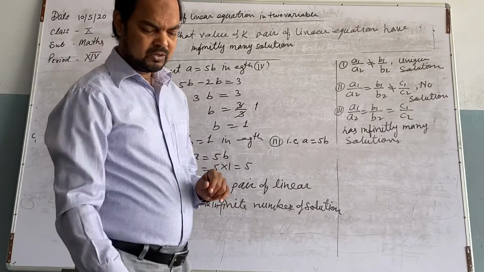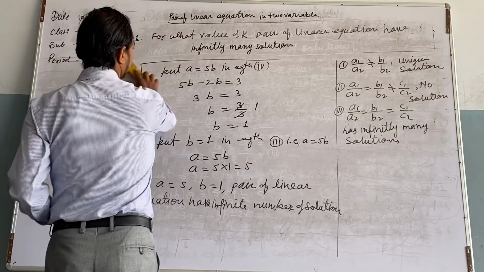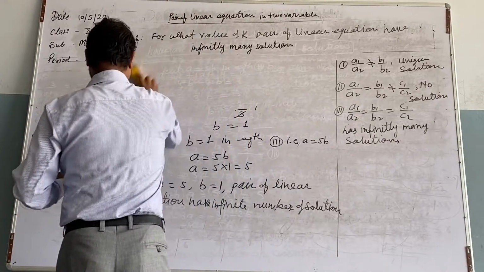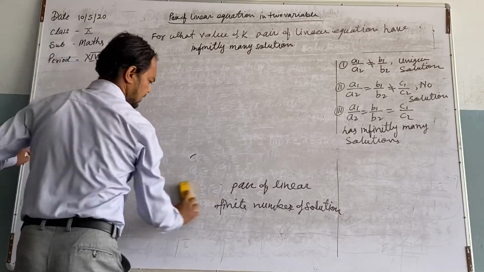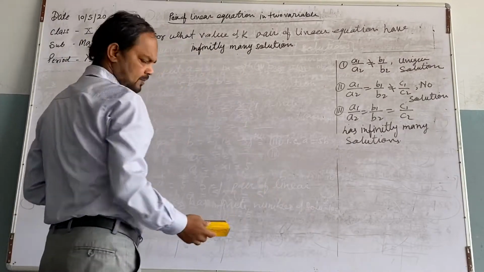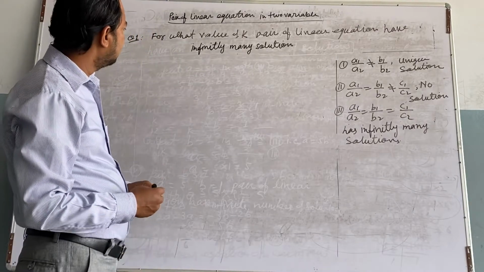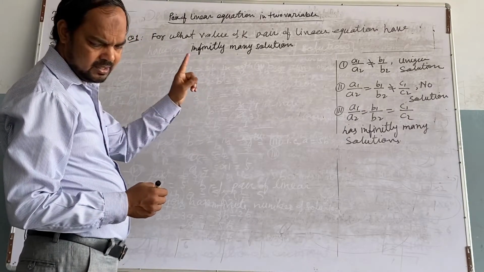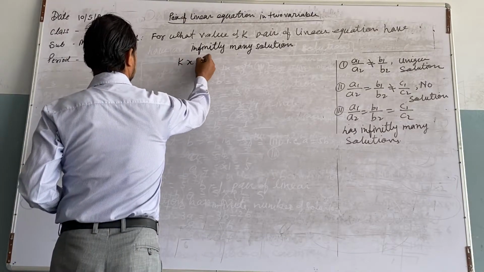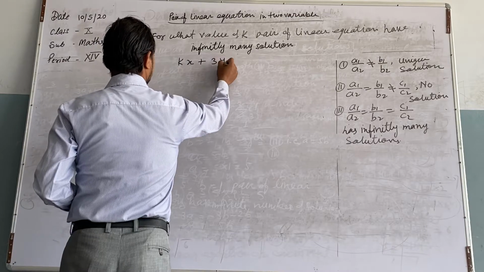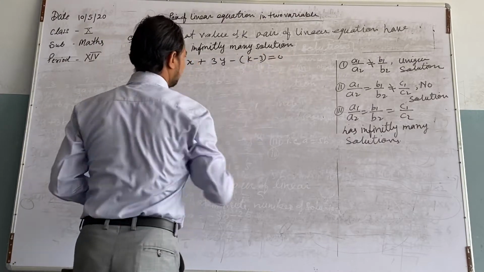Now I try one more question, and you will see here one more thing. For what value of k does the pair of equations have infinitely many solutions, and the equations are kx plus 3y minus k minus 3, that is 0.